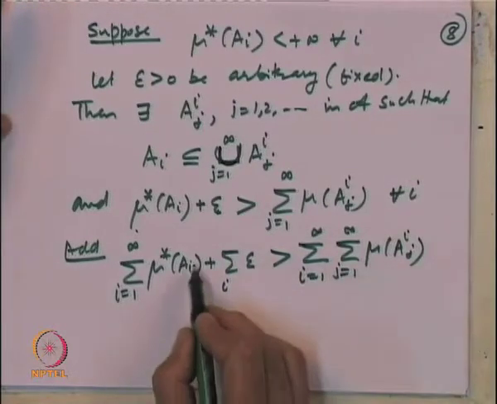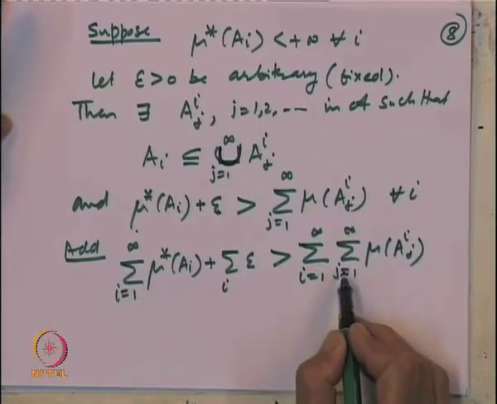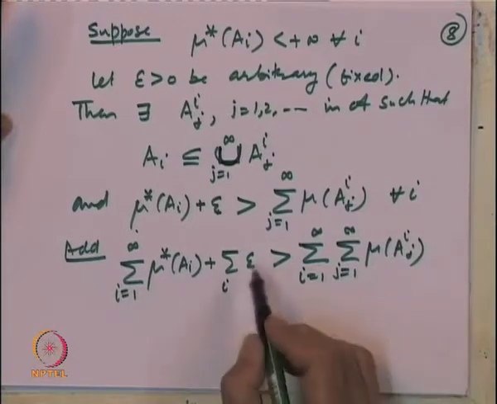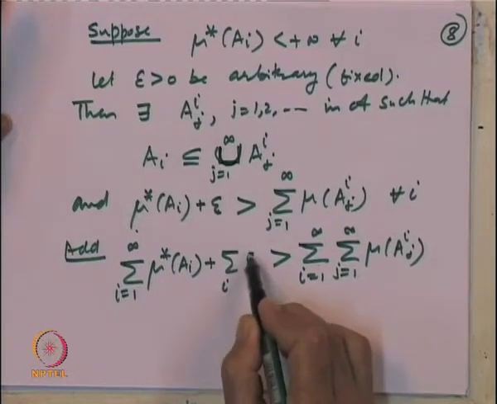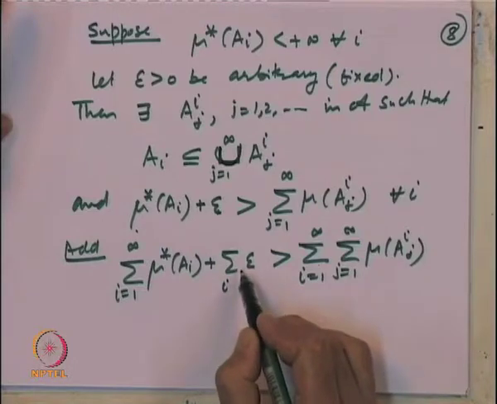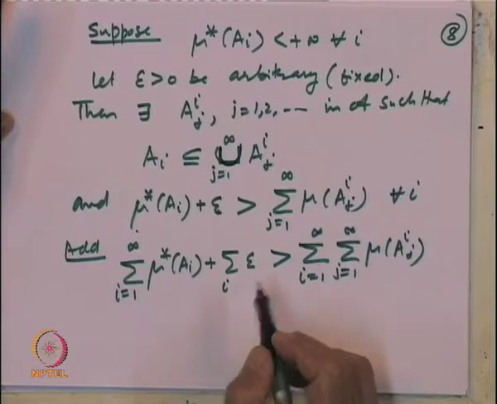And that is what we wanted, mu star of A_i is bigger than something, we have got that kind of inequality. Now, the problem is this, we are going to add epsilon an infinite number of times. So, this will tend to become infinity, and we do not want that. So, we go back and refine our estimates.